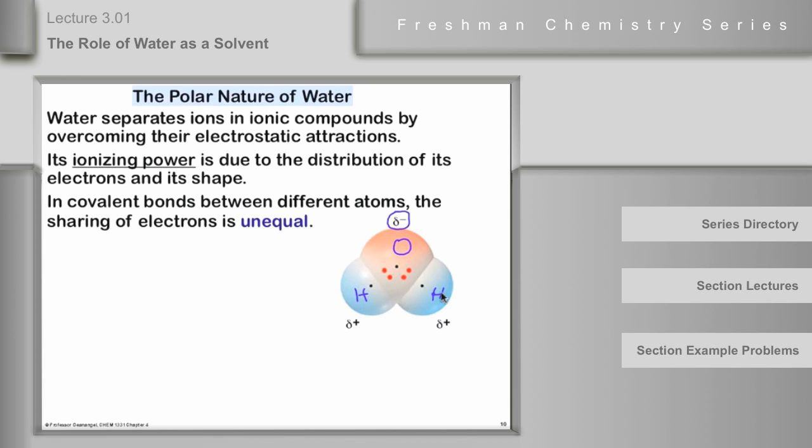This leaves the hydrogens with less than a full ownership of these electrons. The electrons spend more of their time away from the hydrogen, and therefore the hydrogens have a relatively positive charge compared to what they were as hydrogen atoms.